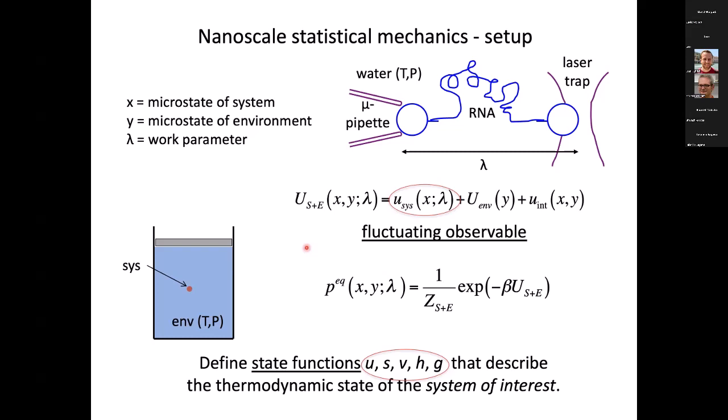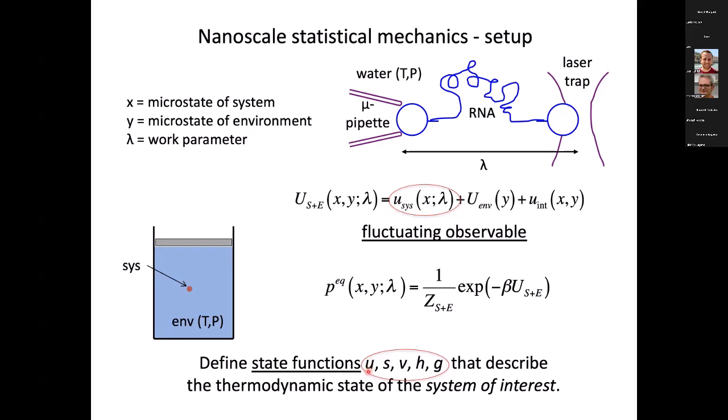What I mean by fluctuating observable is some quantity that depends on the actual microscopic state of the system. So if you want me to tell you what u sub sys is, you should tell me where all of the atoms are located and how fast they're moving, and then I can tell you the internal energy of the system for that particular microstate.